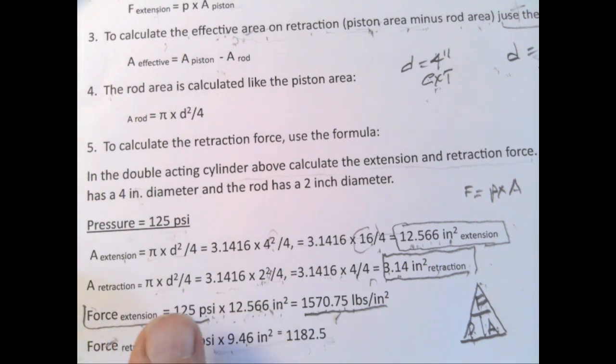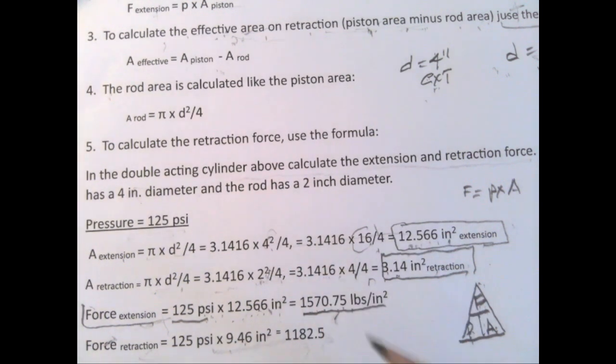Let's calculate this area for the 2-inch: 3.14 times 4 divided by 4. 3.1416 times 4. In this case, we have taken this 2 squared and changed it to 4.